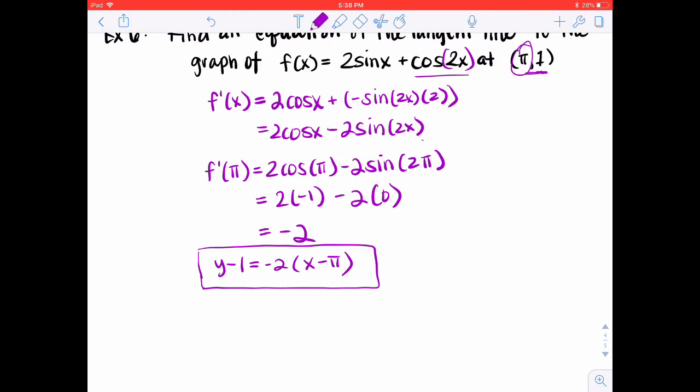But if you wanted to simplify it and put it into slope-intercept form, you can very well do that. Doesn't matter to me. And I would leave it like that. I wouldn't even add these together. But so that is our equation to the tangent line of this graph at that point.